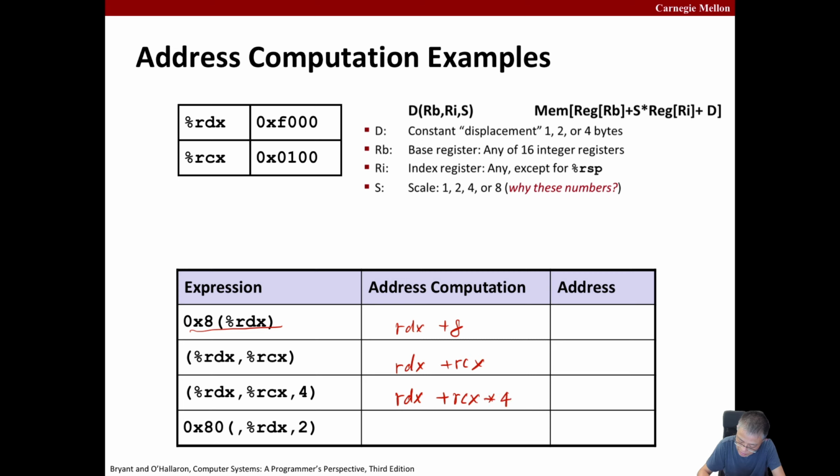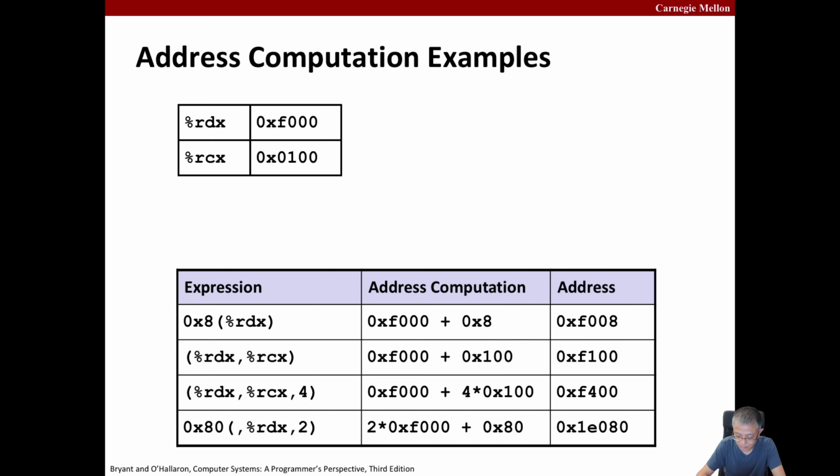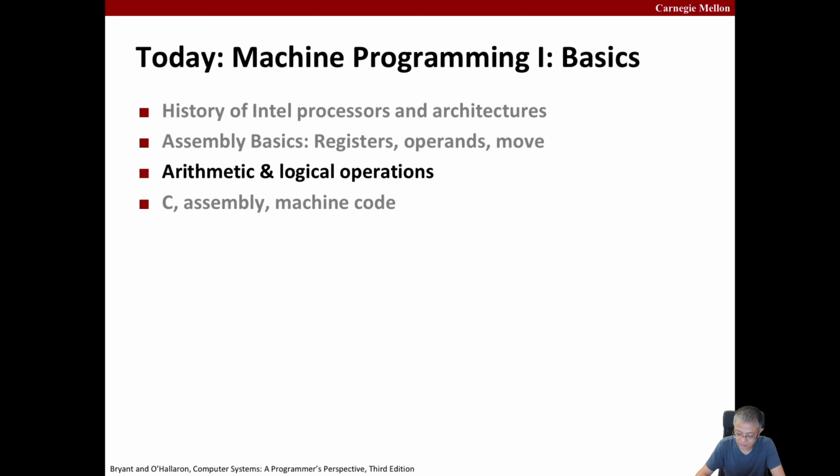Here will be RCX multiplied by 2 plus 0x80. Okay, so this is how to compute the address for this addressing mode.